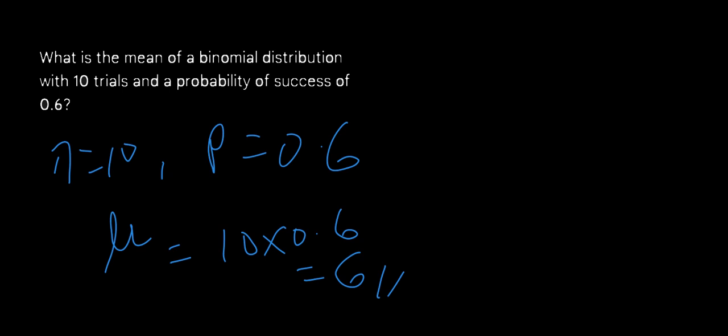The expected mean just simply gives us a show light of the expected number of outcomes. So we can also use this given information to find our variance, which is the root of npq.